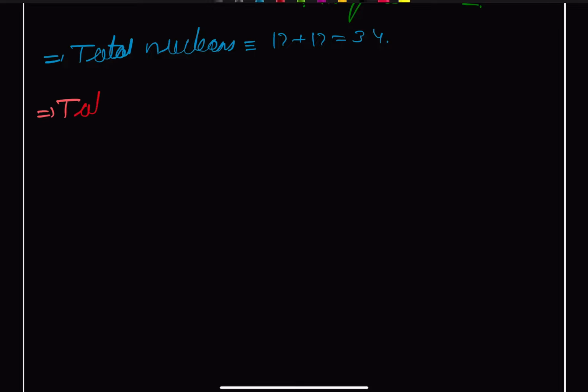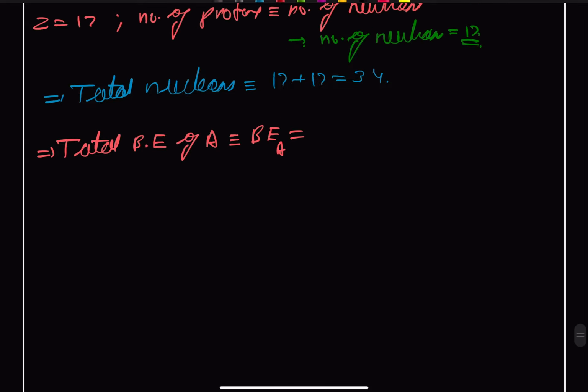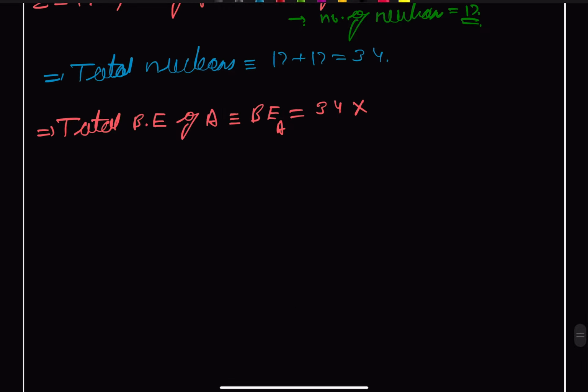We can say total binding energy of A, let us call this BA, will be equal to total nucleons 34, per nucleon is given as 1.2. So this will be giving us 40.8 mega electron volt. Same calculation we can do for nucleus B also.